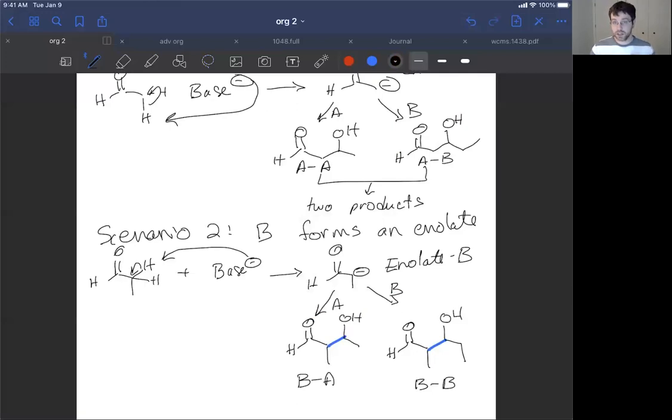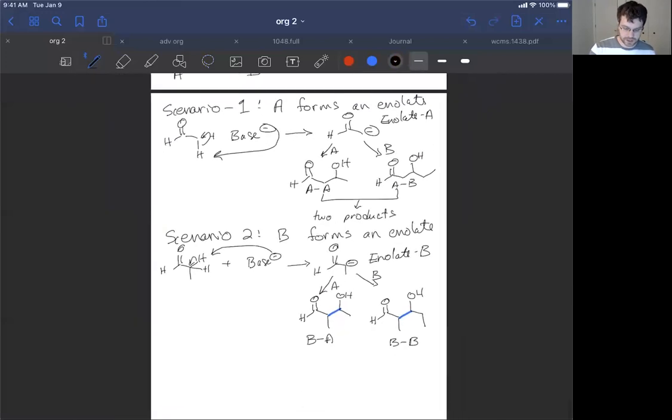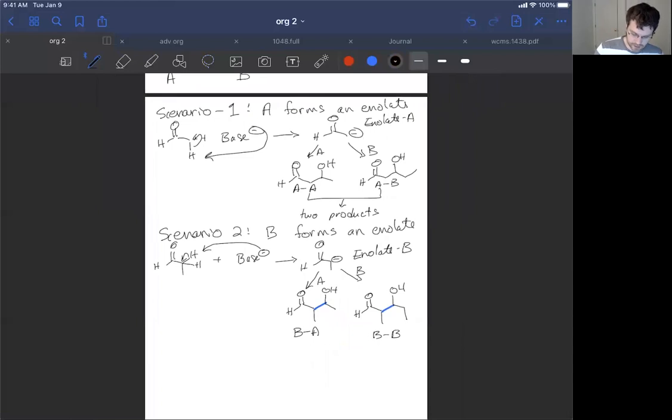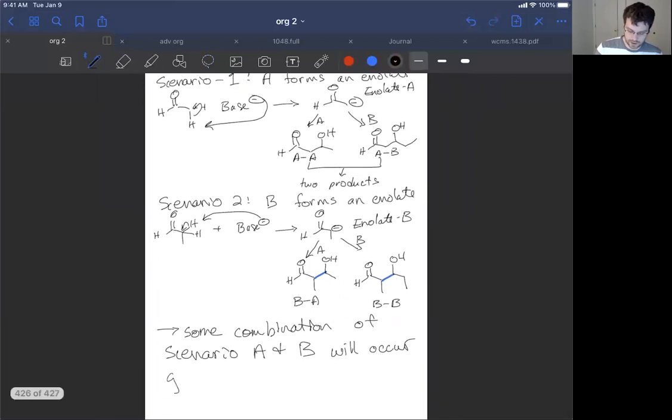Okay, so which of these is likely to occur? Well, it's going to be some combination of scenario A and scenario B, giving a mixture.